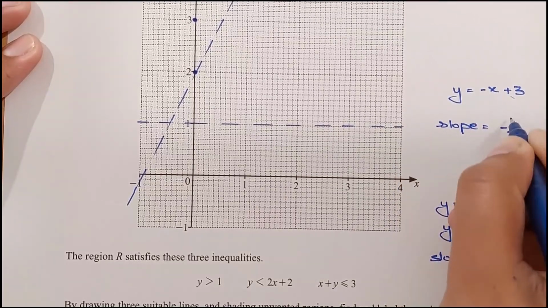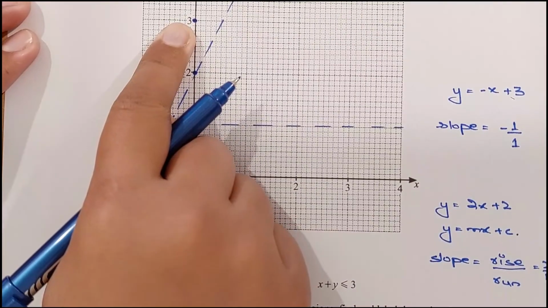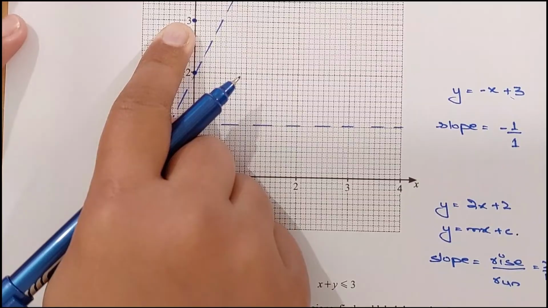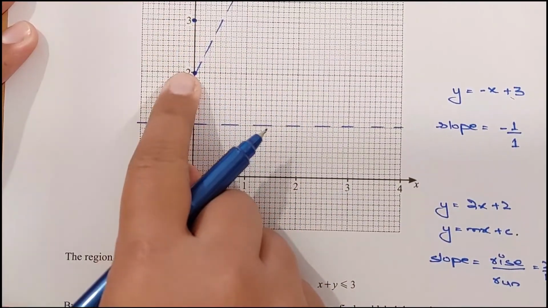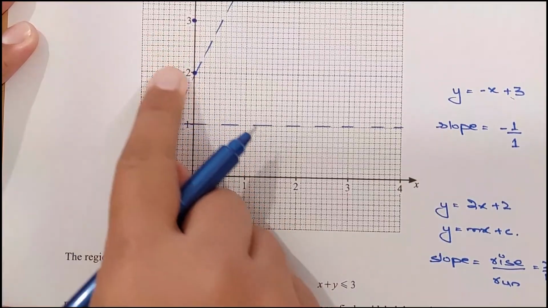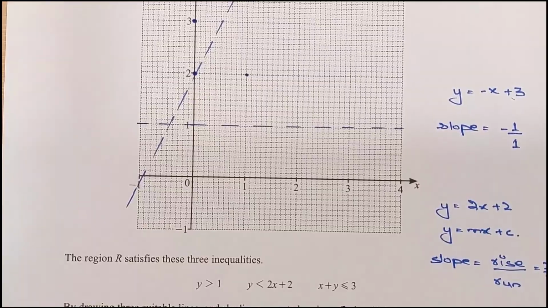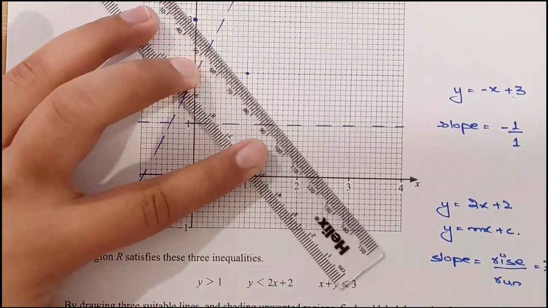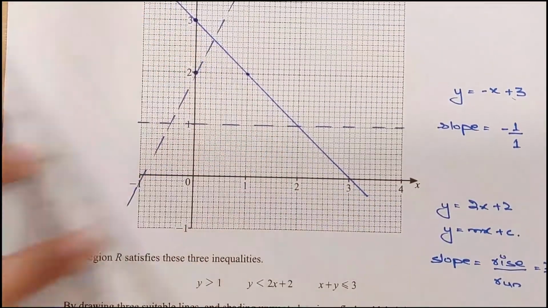The rise is minus 1 and the run is 1. So my 3 is the y-intercept. We have to rise negative 1, which means down 1 unit, and run 1 unit to the right side. This is the solid line, not the dotted one, because we have equality here, right?